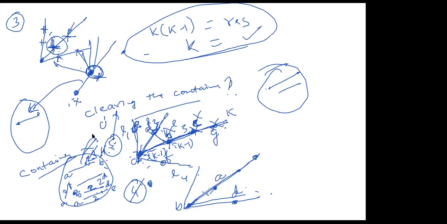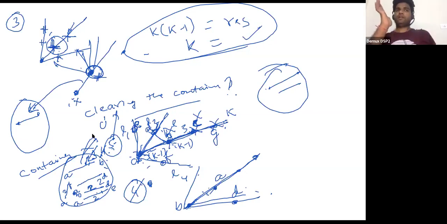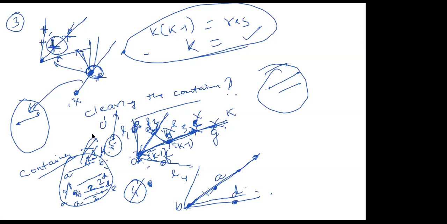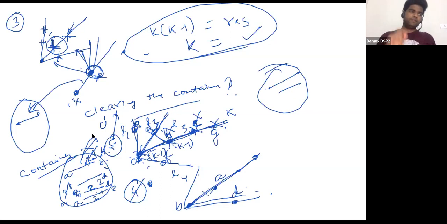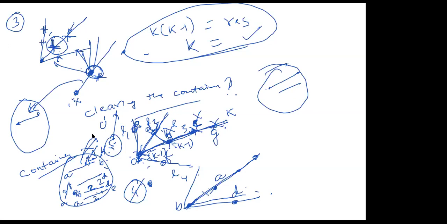Because 1 point is fixed, the slope alone identifies the line. There can't be 2 parallel lines through the same fixed point, right? Yeah. Okay.